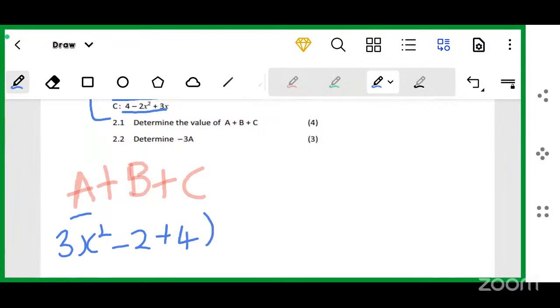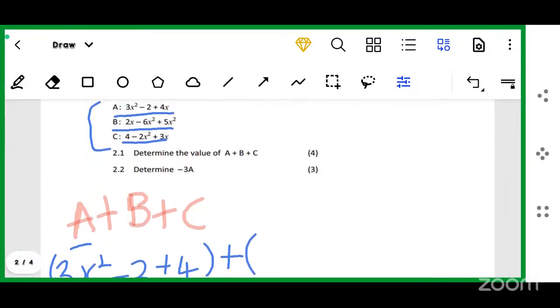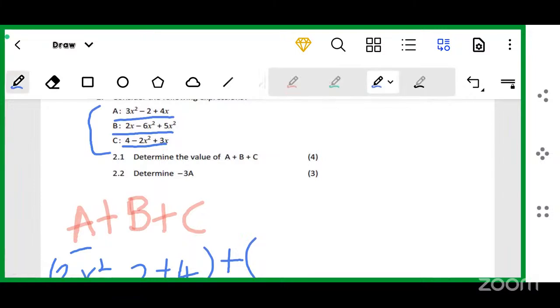Let me introduce a bracket, and we have A plus, in a bracket, the value of B, which is 2x minus 6x to the power of 2 plus 5x to the power of 2.